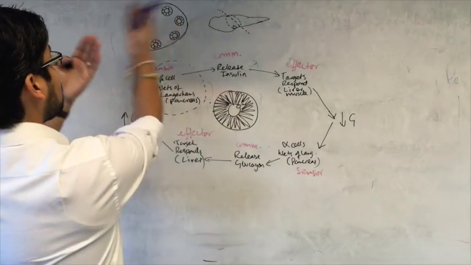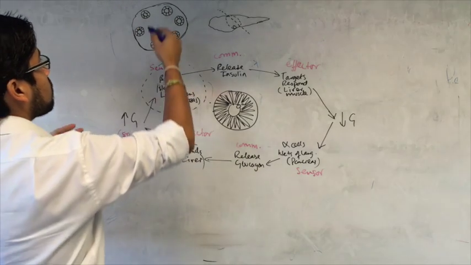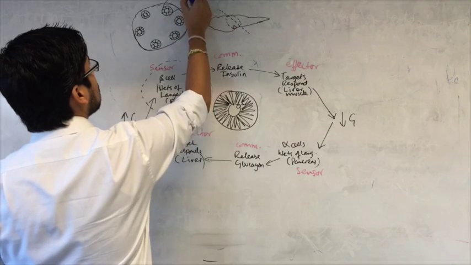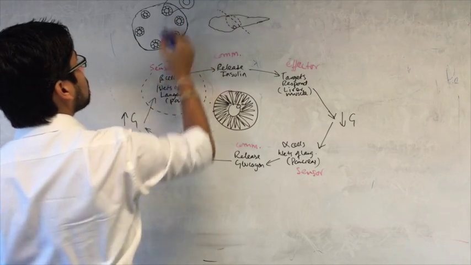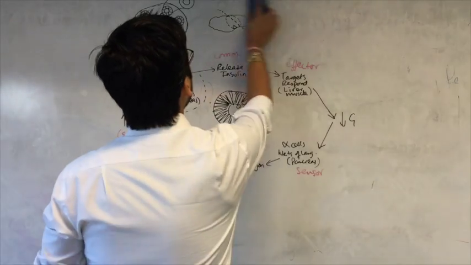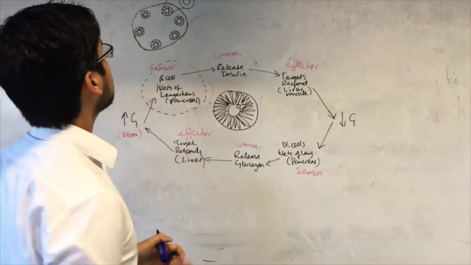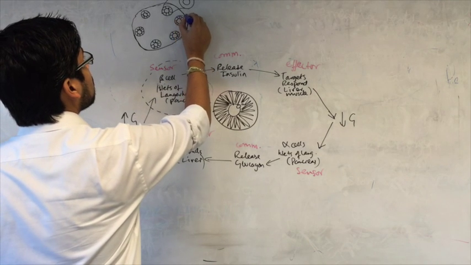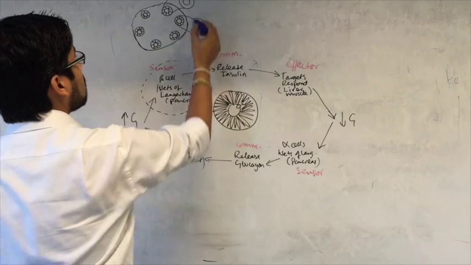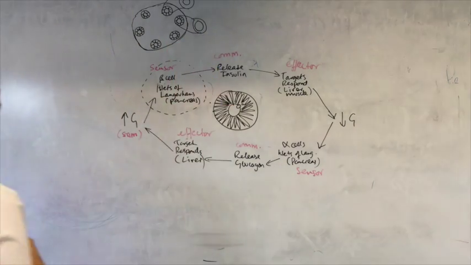So this is a cross-section of the islets of Langerhans. These tubes would pop out in three dimensions, coming out towards you.